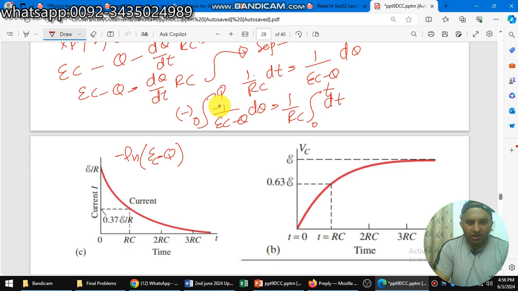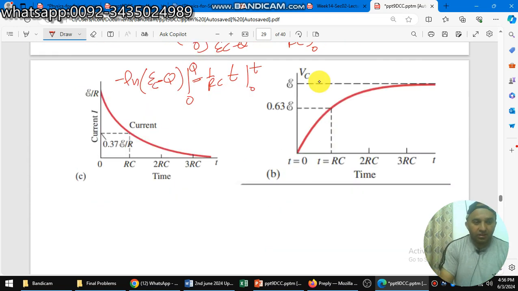So minus log of EC minus Q is equal to 1 over RC into t, with limits 0 to Q on the left and 0 to t on the right. Shifting the minus to the other side, we write log of EC minus Q equal to minus 1 over RC into t minus 0.